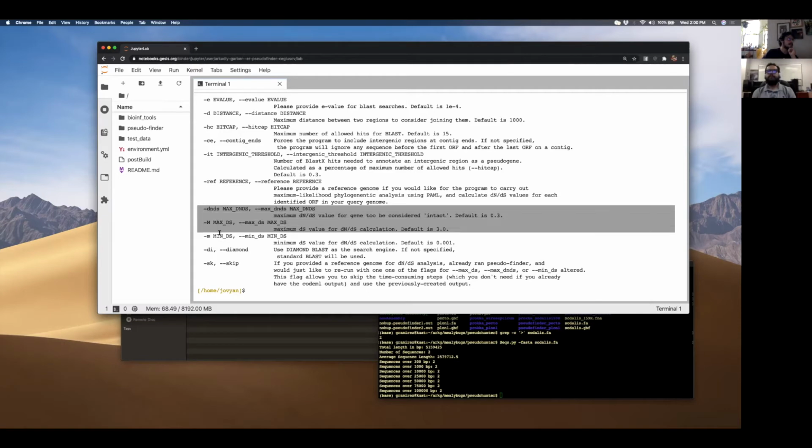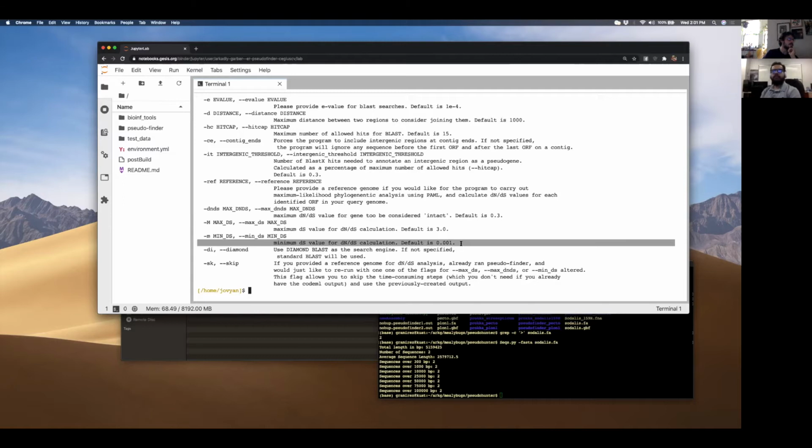These flags, I mentioned these during my slideshow. The -DNDS flag will set a lower threshold for assigning pseudogenes based on DNDS value. You could also set the max or minimum DS, right?